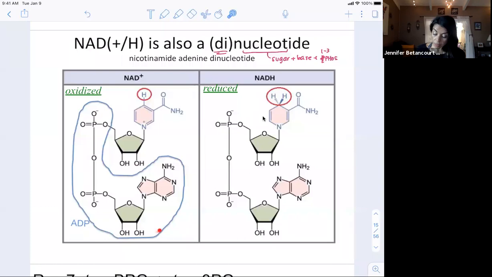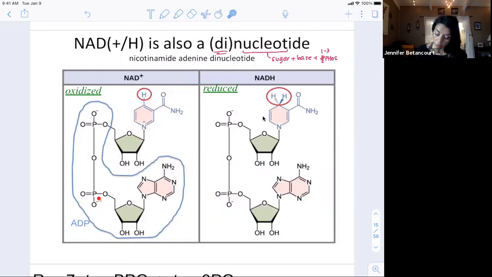This part that I outlined is actually the same structure as ADP. And here's the second nucleotide. You have your sugar, you have your base, and each of these nucleotides has a phosphate group.